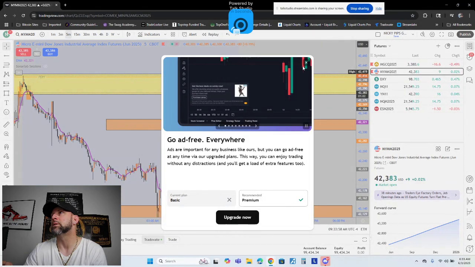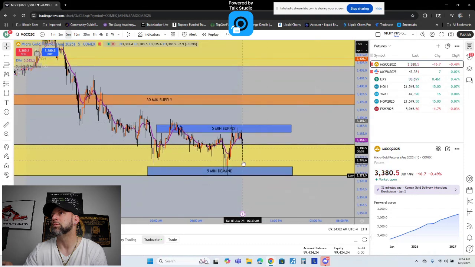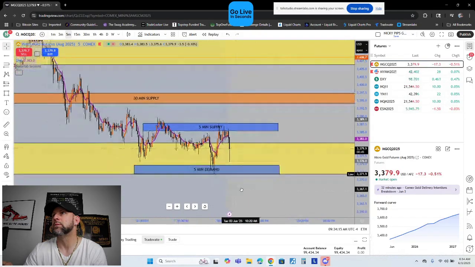So it's definitely filling it. So we got a huge rejection here. So we're basically just waiting for this breakout. We're either going to wait for it to break out of here or break out to the downside.